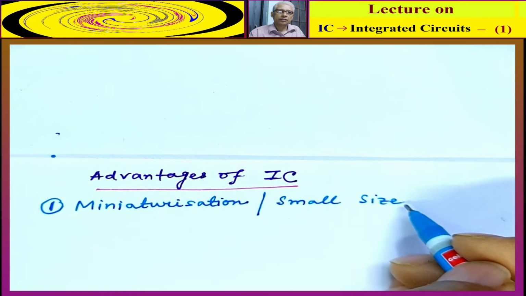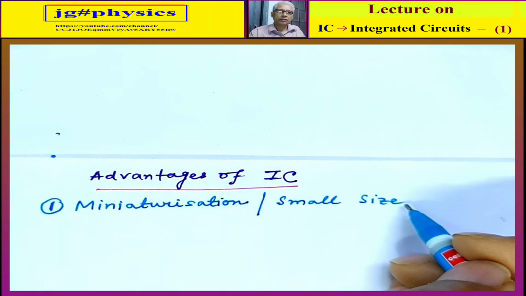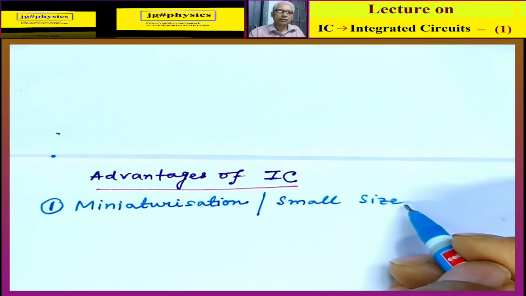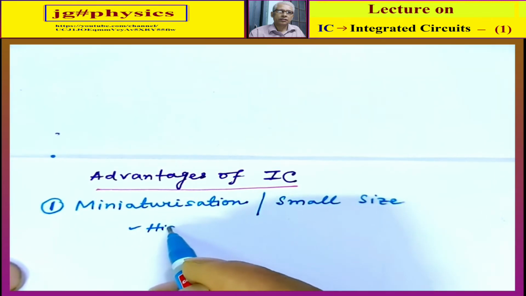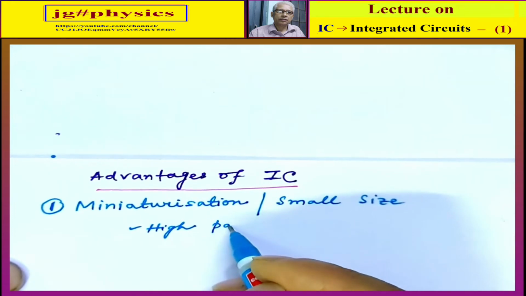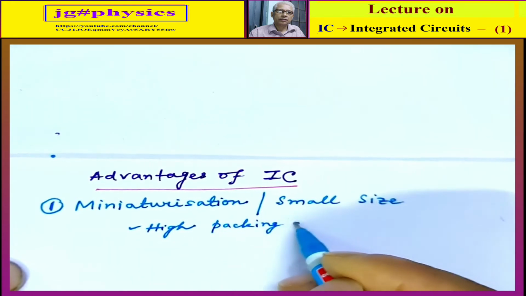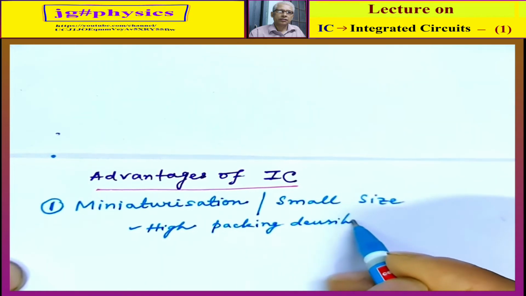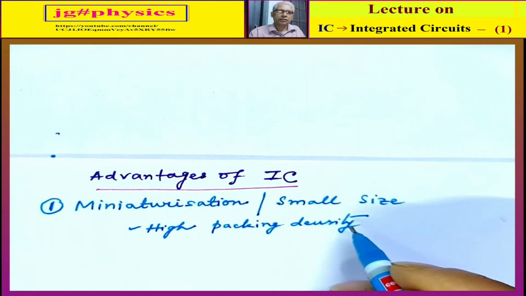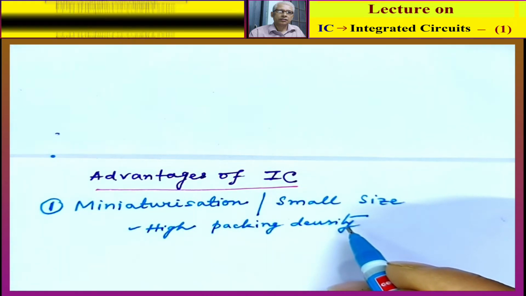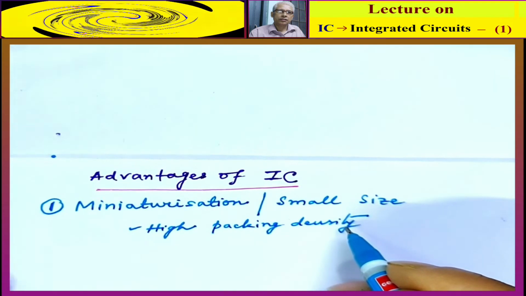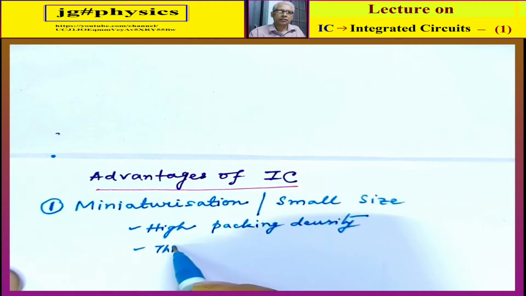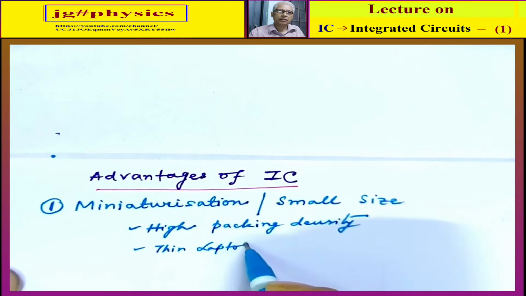Large number of passive and active elements or components get packed up in a small space along with their interconnections, and what results is a high packing density. So the device that the packed circuit stands for will occupy a very small space. We thus have a miniaturized device, and hence we have thin laptops, thin mobiles.